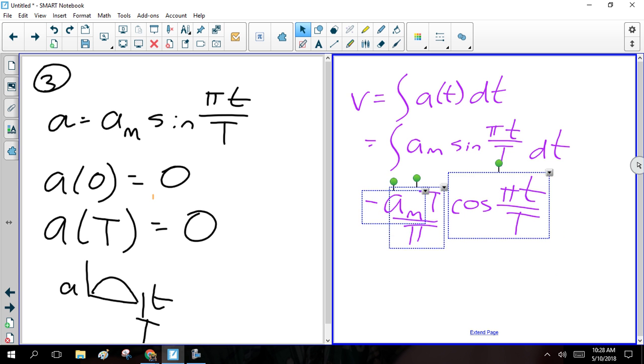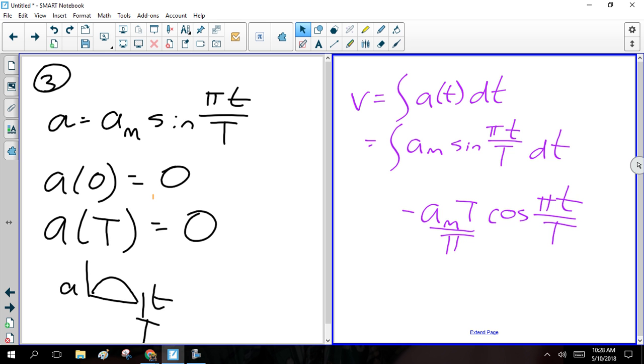So check it out, you guys. If you plug 0 into this for my time, does it give you 0? It doesn't, does it? So you've got to tack on a plus c to ensure that at time 0 your velocity is 0. Could you just plug in a negative a max T over pi? I think you actually need a positive, oh yeah, because it's, yeah.